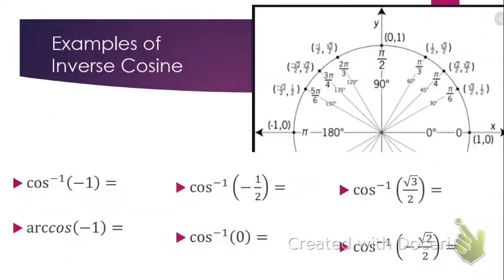So I'll give you a second to copy down these examples, but my restriction is from 0, and then the angle, I'm looking for an angle between 0 and pi. That's the restriction I'm looking for inverse cosine.